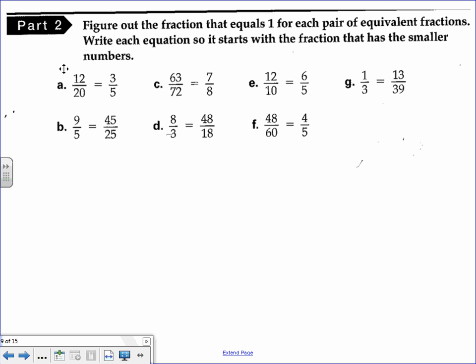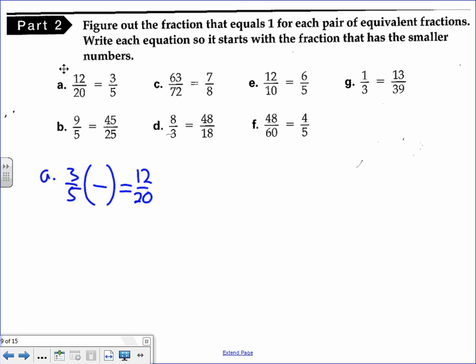So I'm going to take A, and we're going to do it down here so we have some more room. Okay, now it says start with the fraction that has the smaller numbers. So in A, the 3/5 has the smaller numbers. Now I want to figure out what fraction I multiply that by to get 12/20.